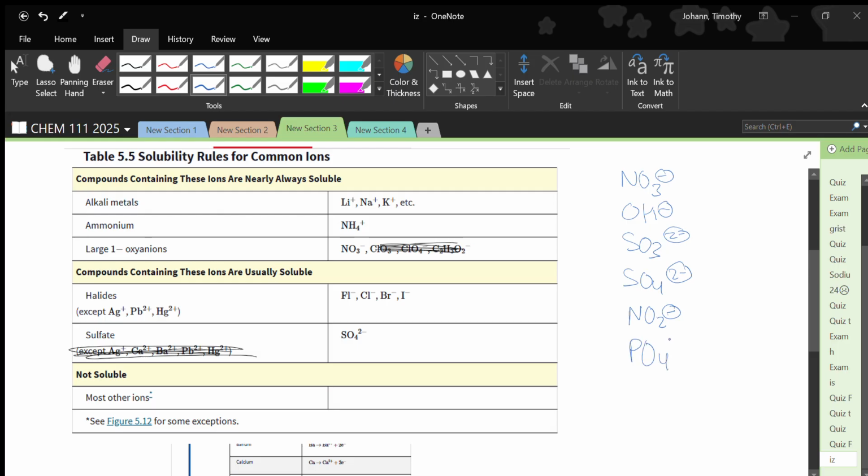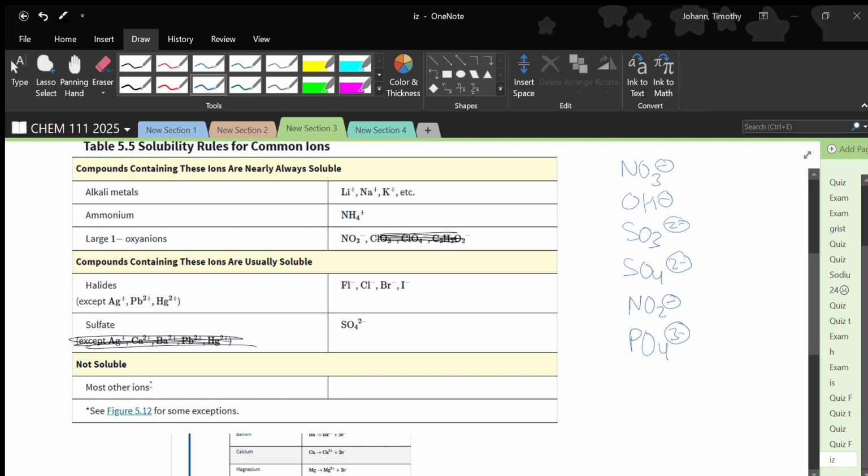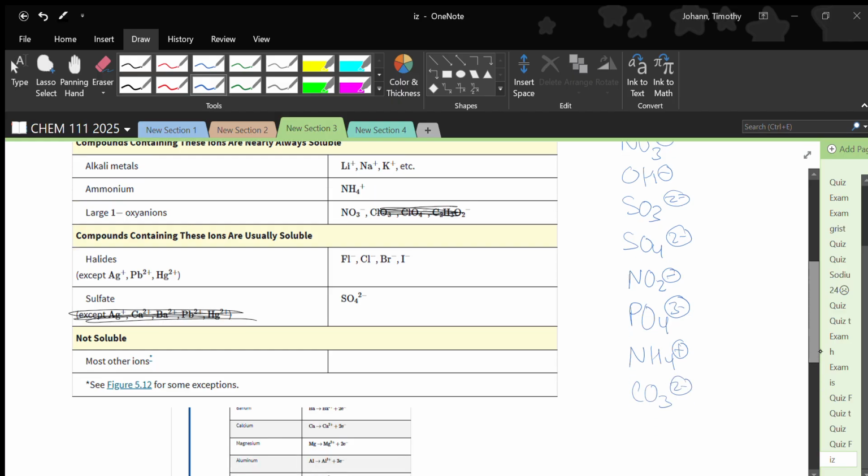Phosphate. Ammonium, like I already said. How many is that? There are 9. 1, 2, 3, 4, 5, 6, 7. We've got to come up with 2 more. Carbonate. And bicarbonate.